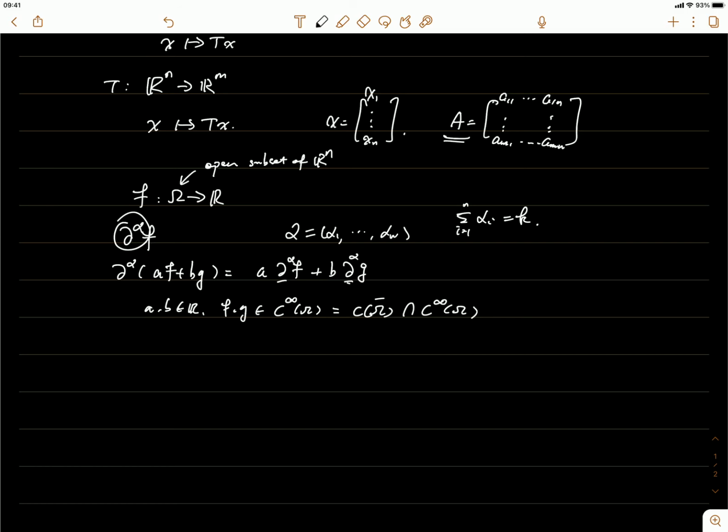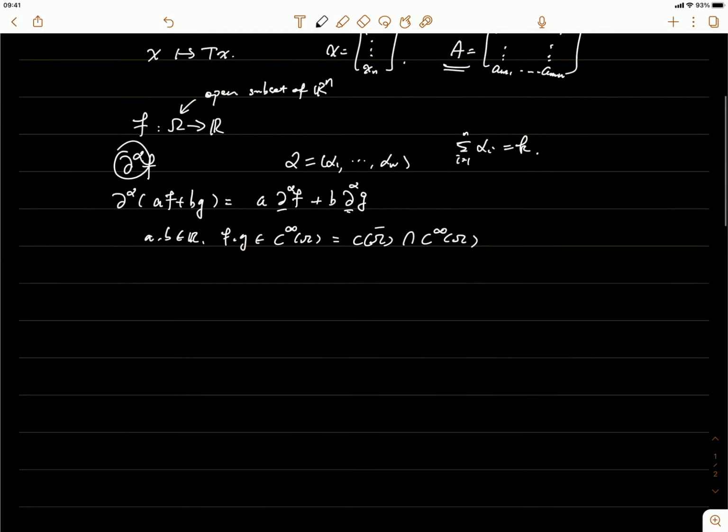This is a linear operator, and also integration is a linear operator. For example, when we consider the integration of f, especially like this, say we have a kernel function K from Rn by Rn to R, and let's say that K is continuous.